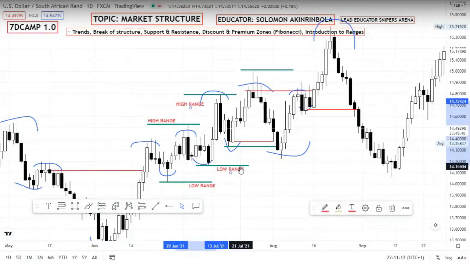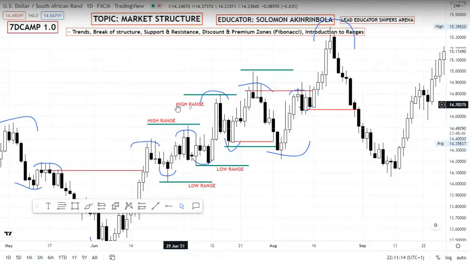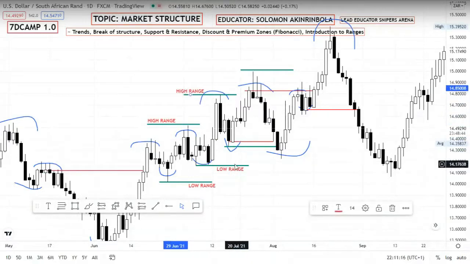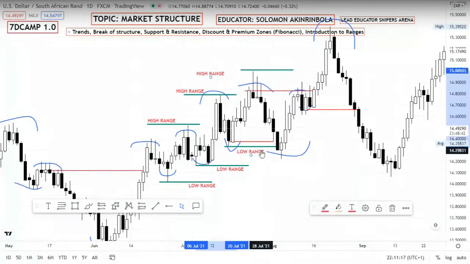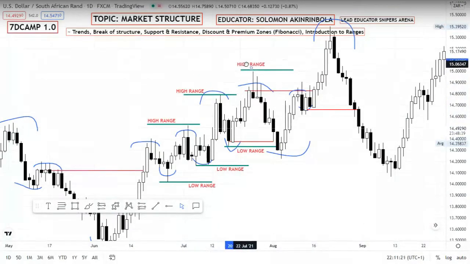This is the low range. This is the high range. The low range, the high range. That's really all you need to know.